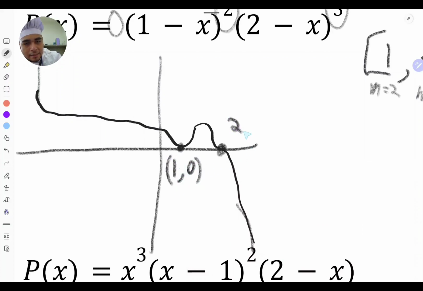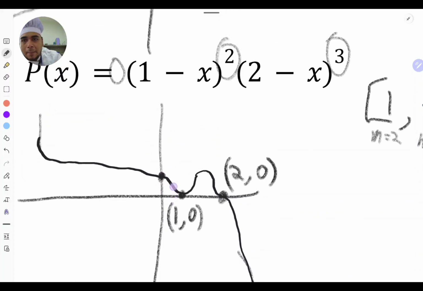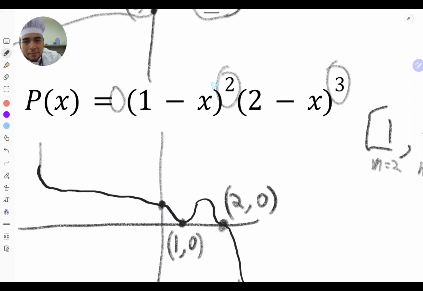This is a location of 2, so (2, 0). And finally, we want to find out what this location is, which of course we can find very easily by just setting x equal to 0. If x is 0, that goes away, and we're left with 1 squared times 2 cubed.